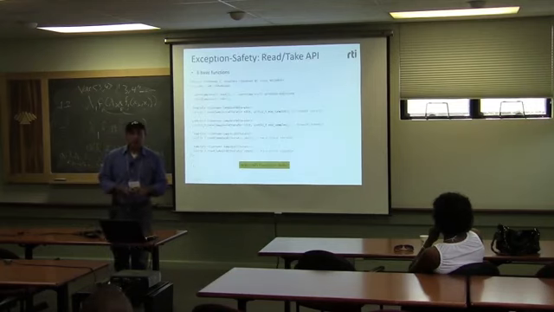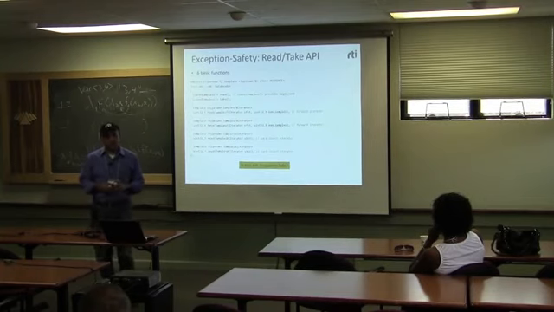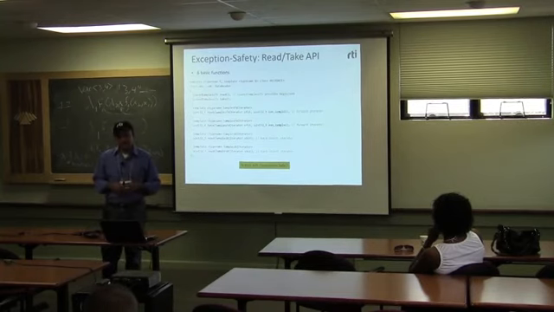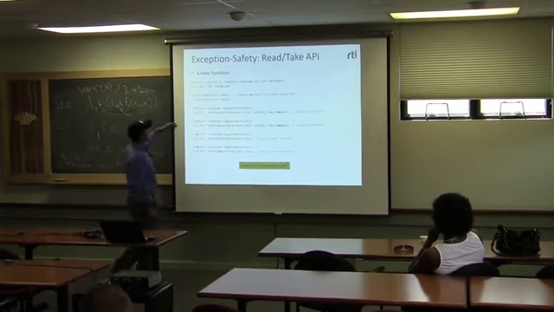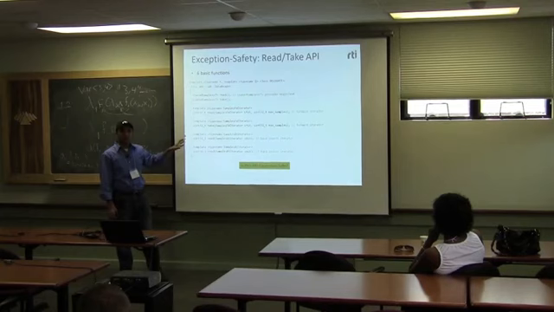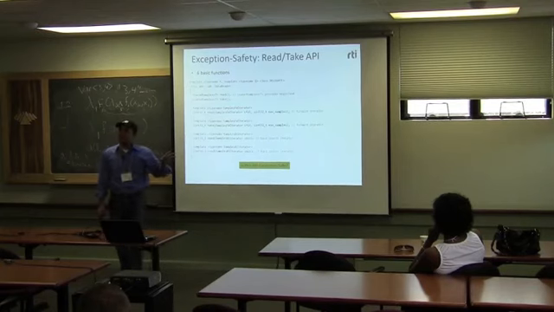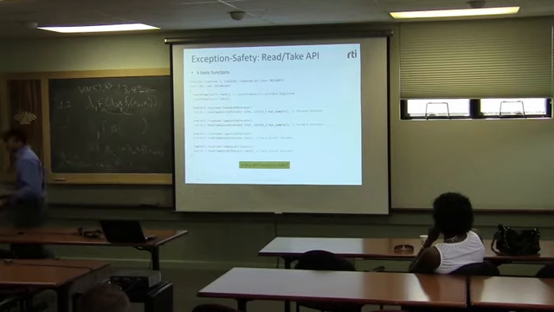So the next topic I want to touch upon is exception safety. This is really interesting in my opinion. Because we are specifying an API, and being a C++ enthusiast, I really want to ask myself, is this exception safe? I mean, what are exception safety guarantees? And if you step back, it's actually really important for portability.